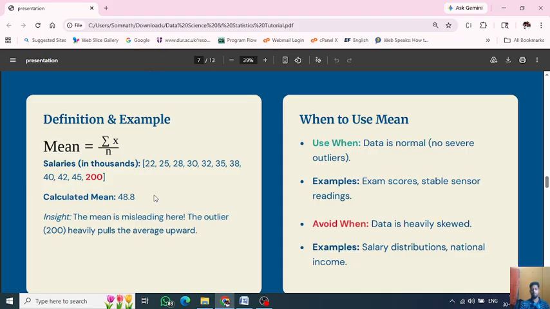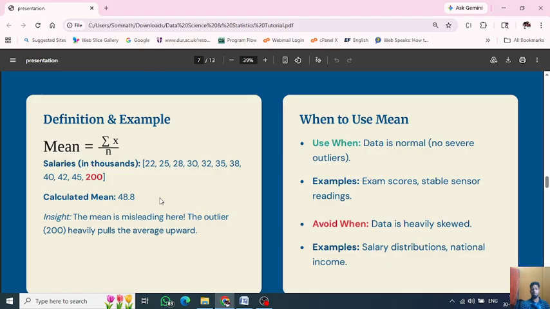Suppose you walk into a company and ask the manager what is the average salary of your company, and the manager says our company salary is around 50K. Is it right?